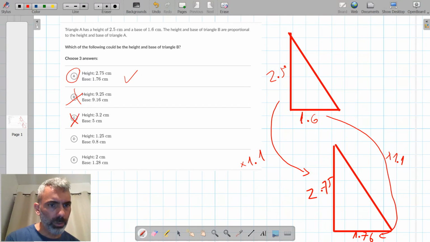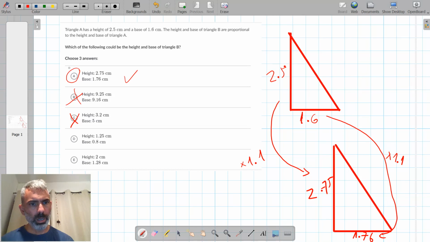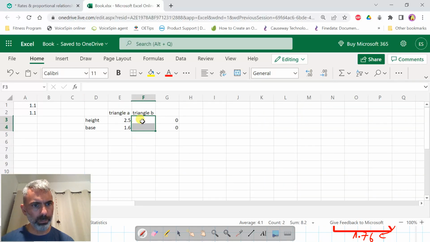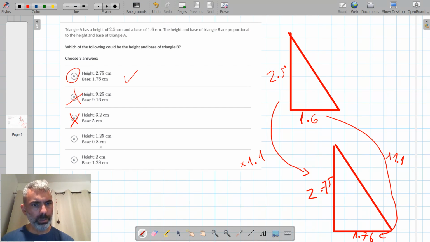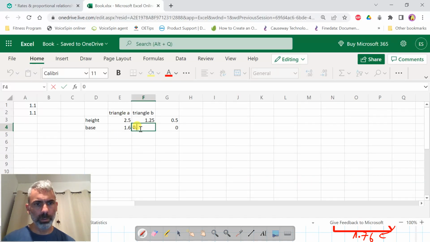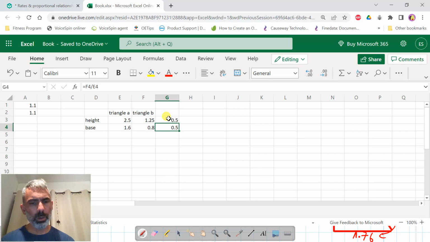Option C is incorrect. Option D, height 1.25 and the base is 0.8. Okay, so this is also correct because here the height of triangle A is 2.5, the height of triangle B is 1.25.